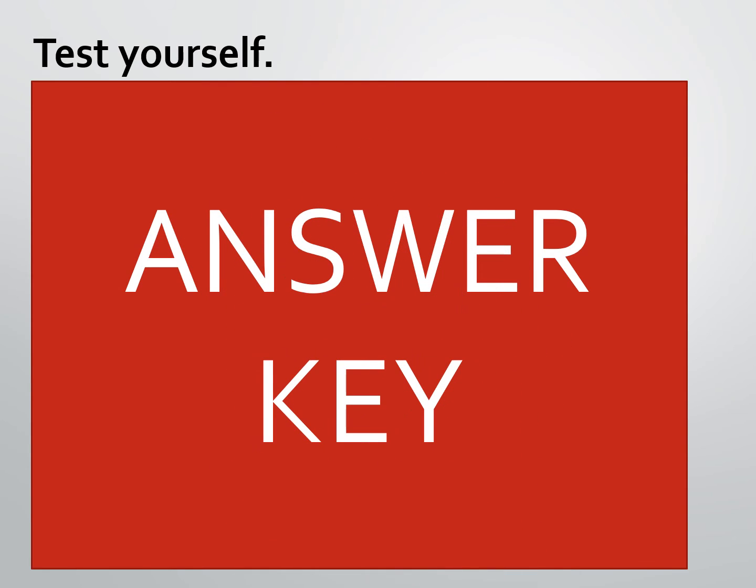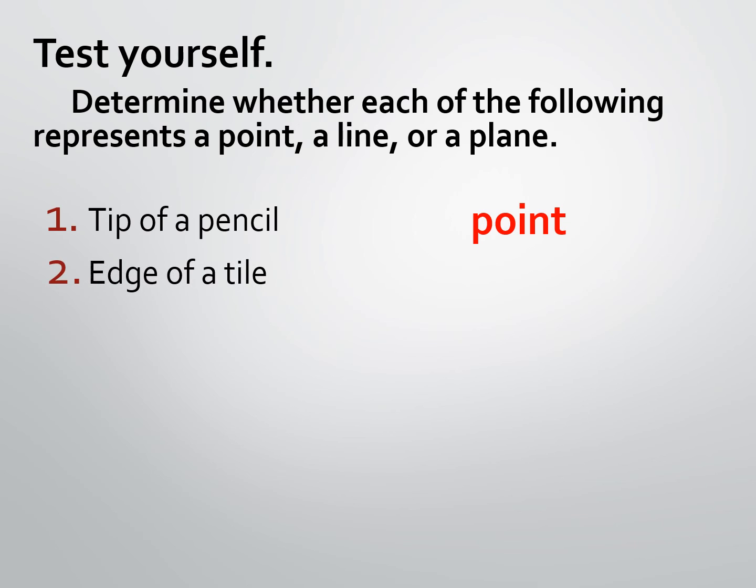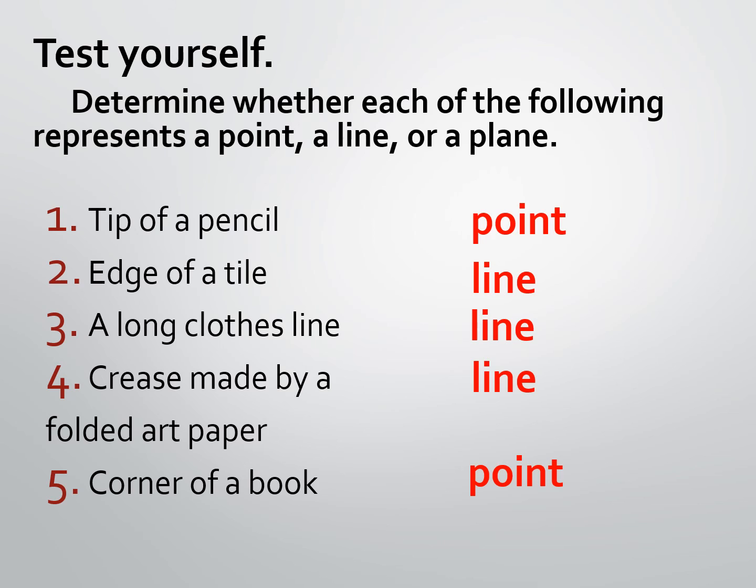First, tip of a pencil, you are correct if your answer is a point. Next, edge of a tile, that is a line. For number 3, we have a line. For number 4, we have a line. And for 5, we have a point. Questions? None? Okay, next, let's proceed. A tile, that is a plane.